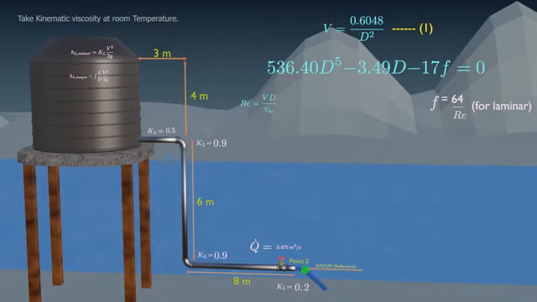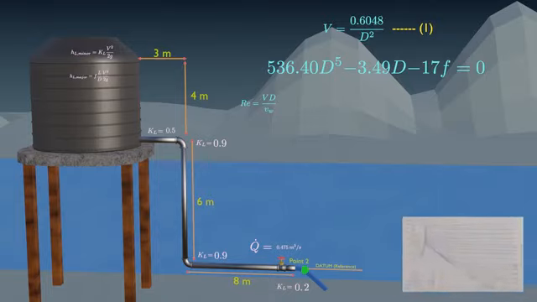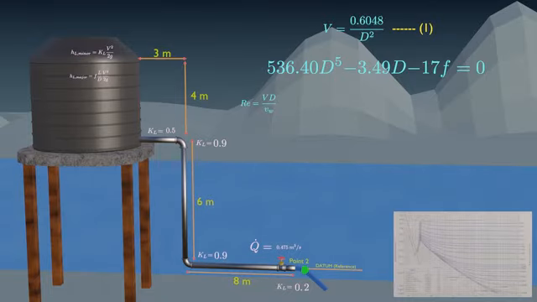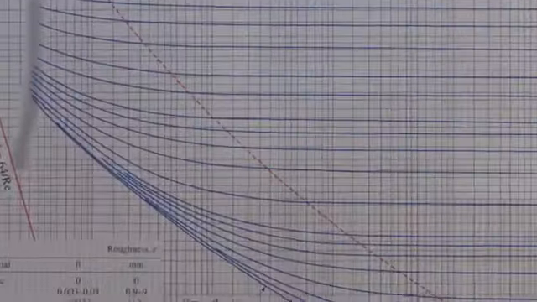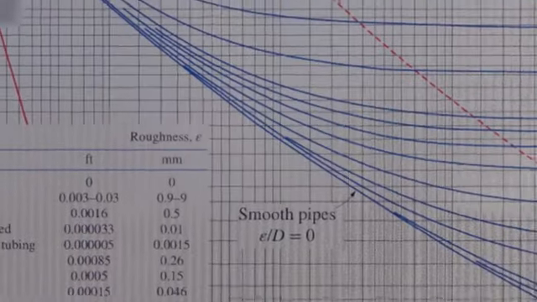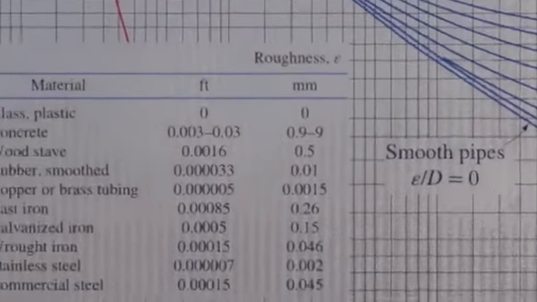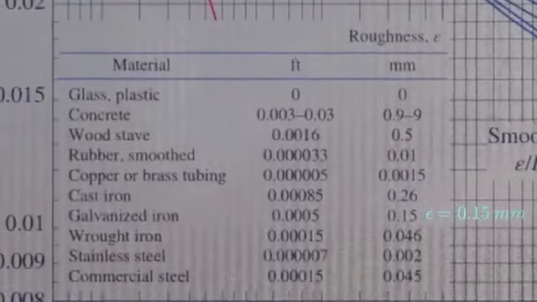It will be greater than 2000, which proves that laminar flow is wrong, so it is turbulent flow. For turbulent flow, we need our Moody chart. So, first get the surface roughness for galvanized iron pipe from your data book.